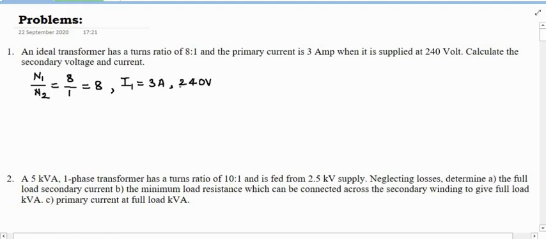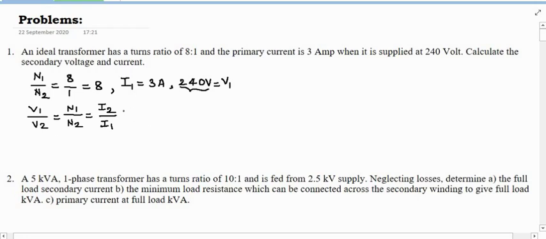Okay, so this is nothing but your V1. We know that V1 upon V2 equals N1 upon N2 equals I2 upon I1, right?